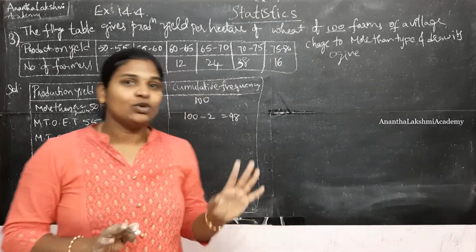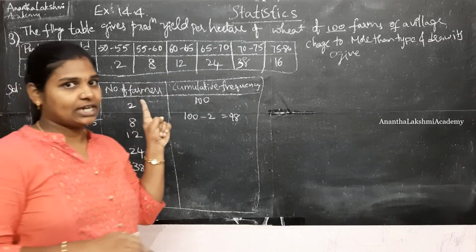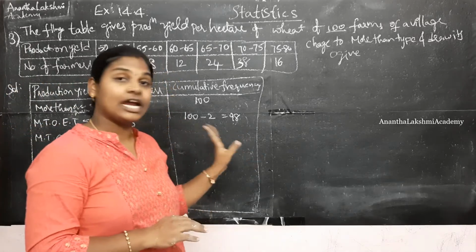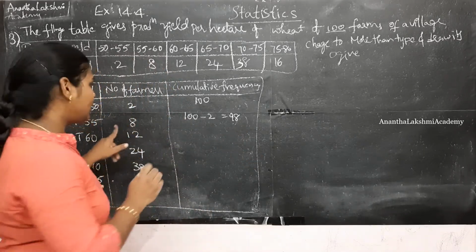Likewise, I am telling you, if you have not gone through that more than type in the median class, it is a nightmare for you. So please go through that.